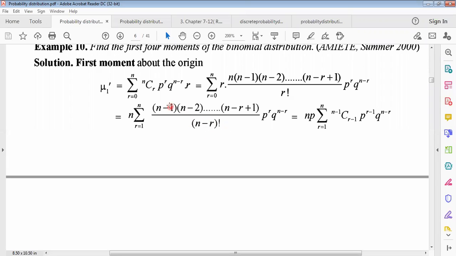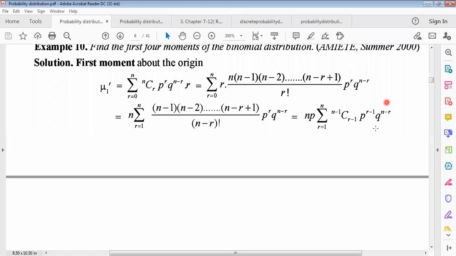So this will become another binomial series, starting from n minus 1, n minus 2, up to n minus r plus 1, divided by (r minus 1) factorial. If we take one p common, then we have p to the power r minus 1 and q to the power (n minus 1) minus (r minus 1), that means q to the power n minus r.